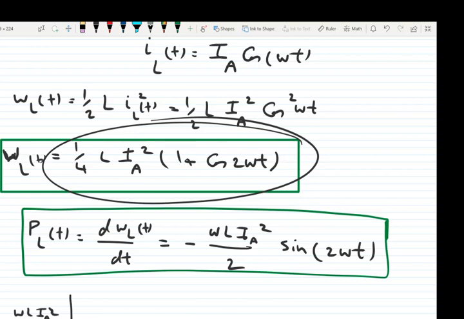So the maximum value of this term will be 1/4 of L Ia square times 2, which is L Ia square over 2.